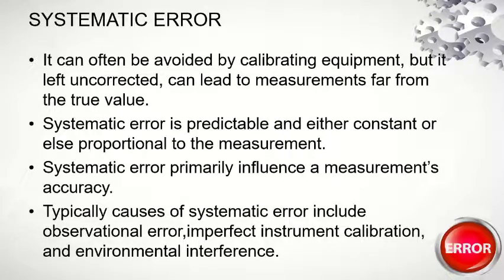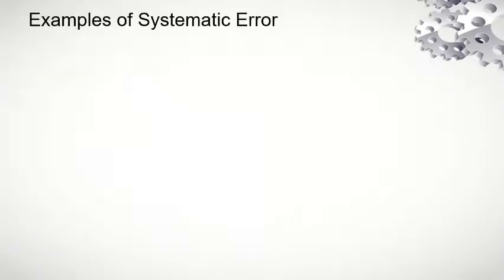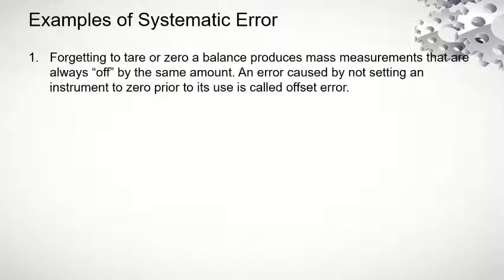Typically, causes of systematic error include observational error, imperfect instrument calibration, and environmental interference. Examples of systematic error: forgetting to tare or zero a balance produces mass measurements that are always off by the same amount. An error caused by not setting an instrument to zero prior to use is called an offset error. Here, you can see it is already predictable.